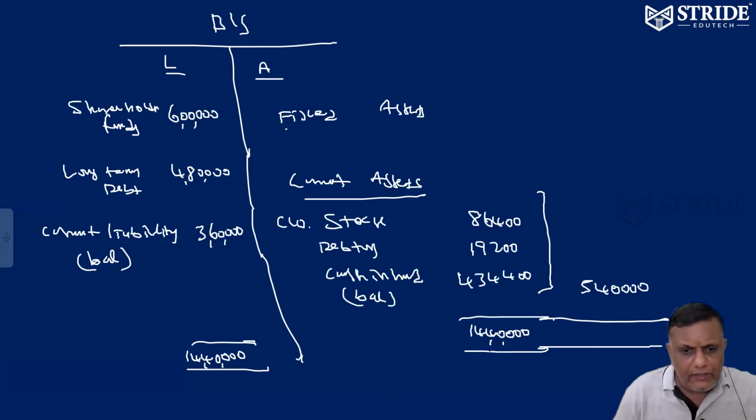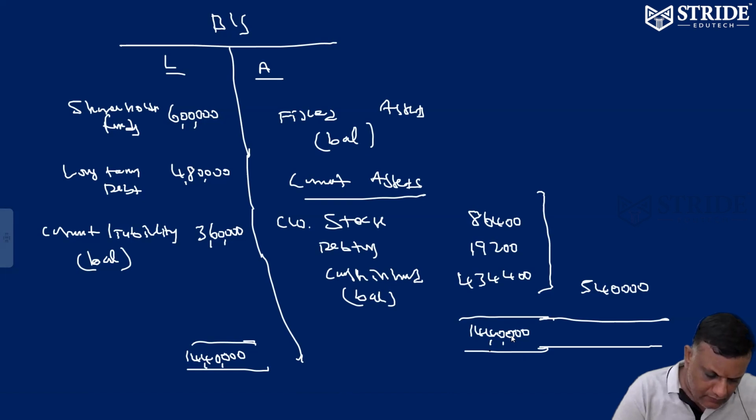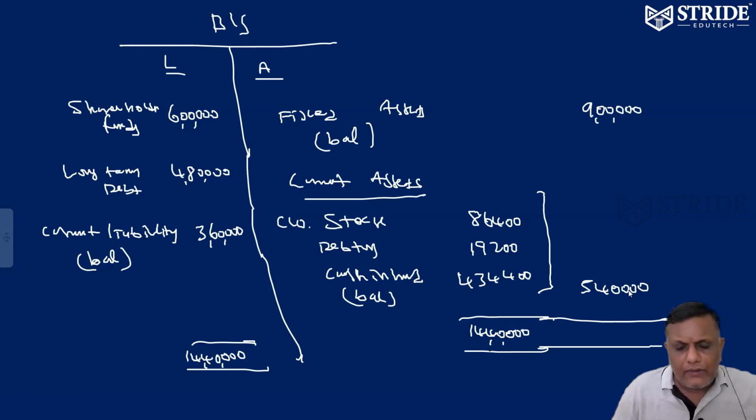Balance figure is fixed asset. 14,40,000 minus 5,40,000, balance figure 9 lakhs. So 9 lakhs is going to be fixed asset.